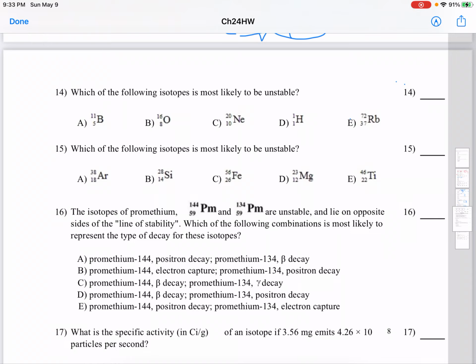So oxygen-16, 8, that's 1, N over Z. N is 16, Z is 8. Neon also 1, hydrogen also 1. And then the boron, let's see, 11 over 5. Neutrons, okay, 6 over 5.